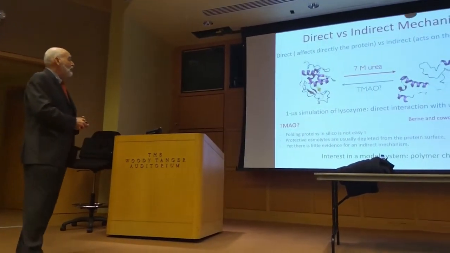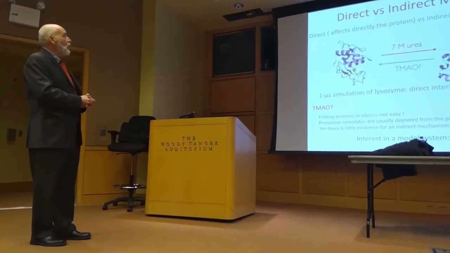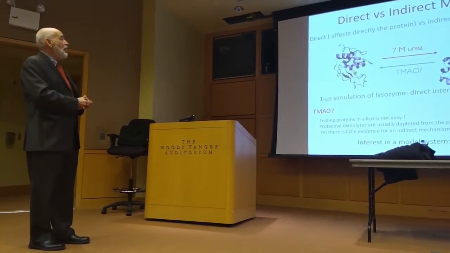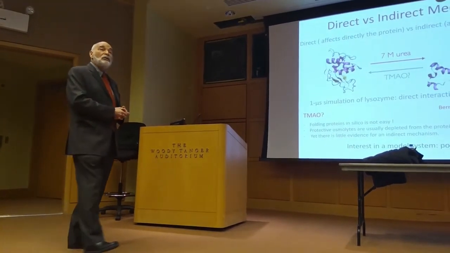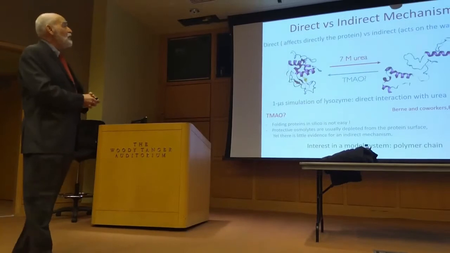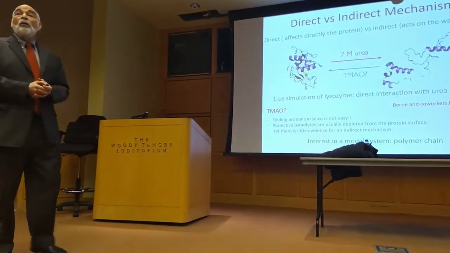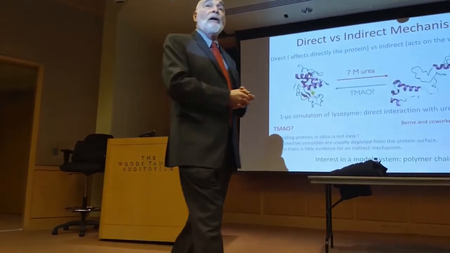There are two kinds of mechanisms that are discussed. There's a direct mechanism where the osmolyte directly affects the protein, like binding to it. And there's an indirect mechanism where it's thought that the osmolyte simply changes the structure of water.